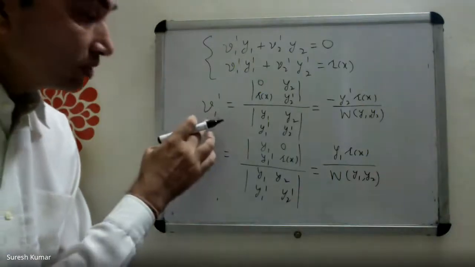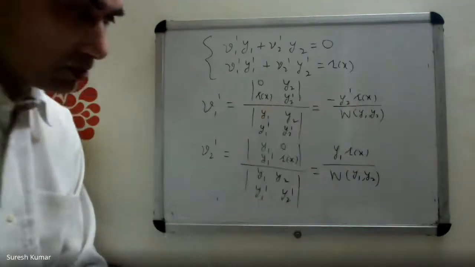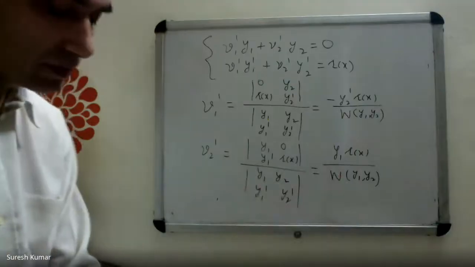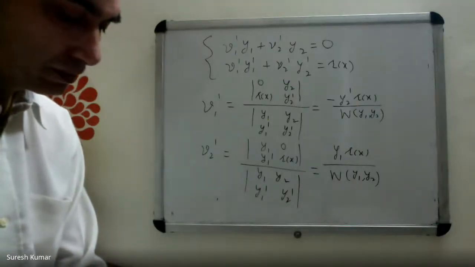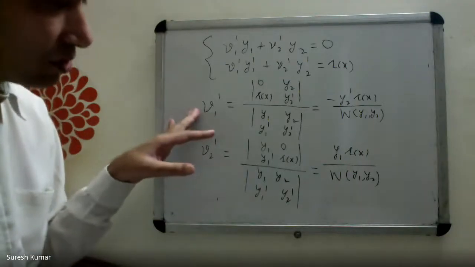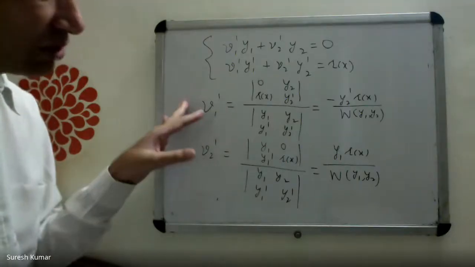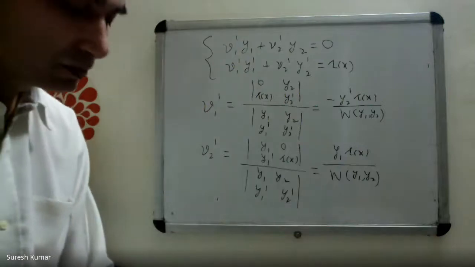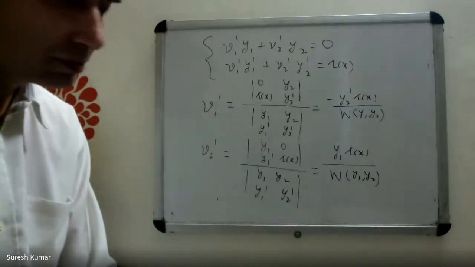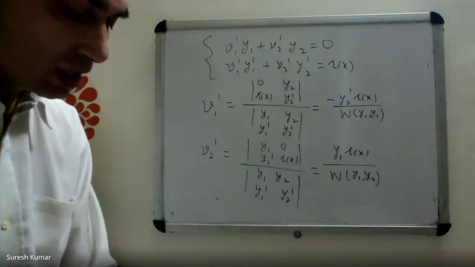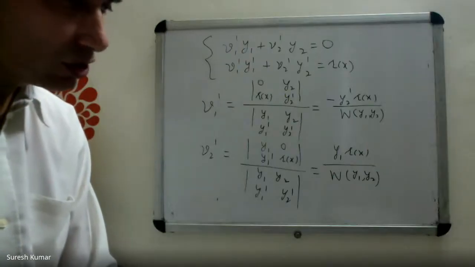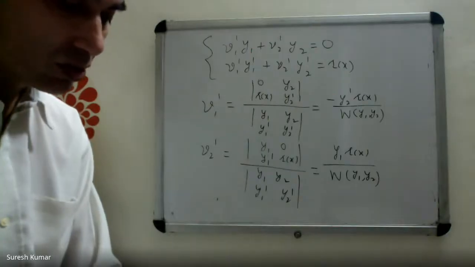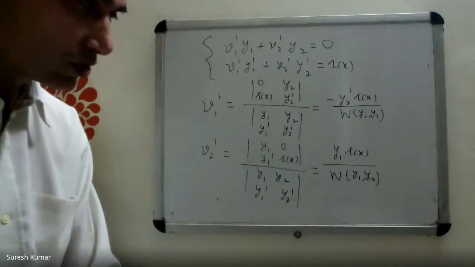After that, to obtain v1, I just need to integrate this expression. For v2, I need to integrate this. So I have expressed the unknown functions v1, v2 in terms of y1, y2 and rx. These we know already. Rx is in the given differential equation and y1, y2 are the particular solutions of the corresponding homogeneous differential equation.